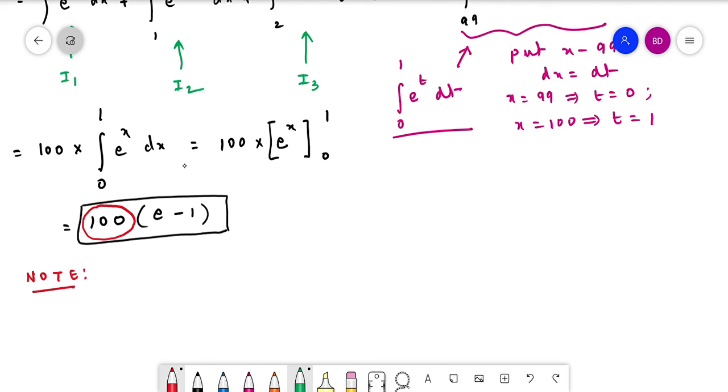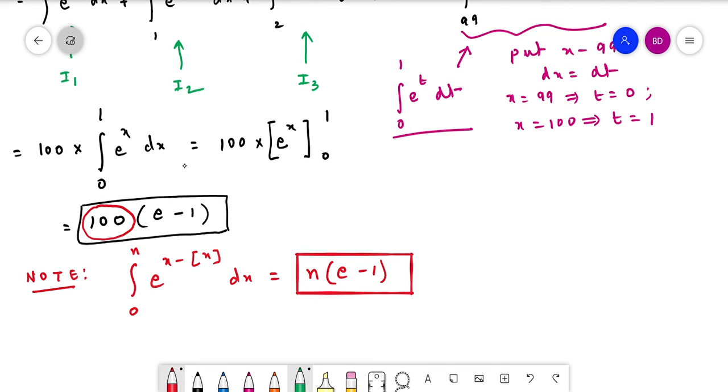So note, if you have from 0 to n of e to the power x minus floor x dx, then that will become n times (e to the power 1 minus 1). So this is generally true. So you see, the sum looks very difficult, but actually the sum is very easy. I hope this helps.